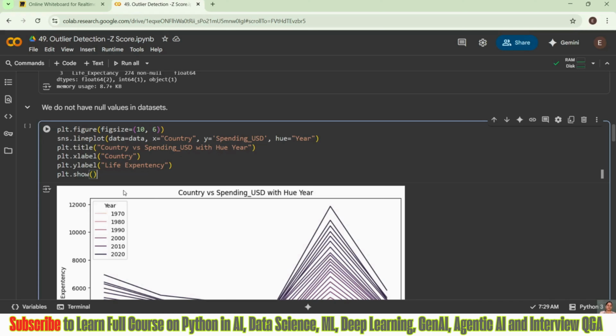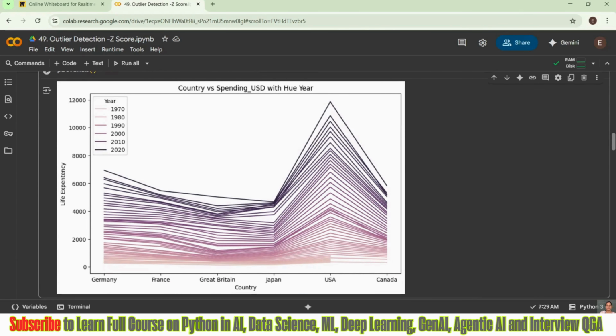You can see the years present, 1970, 1980, 1990 to 2020, and we are getting the data something like this. From this data I am able to understand that USA is spending almost $12,000 per year on average.